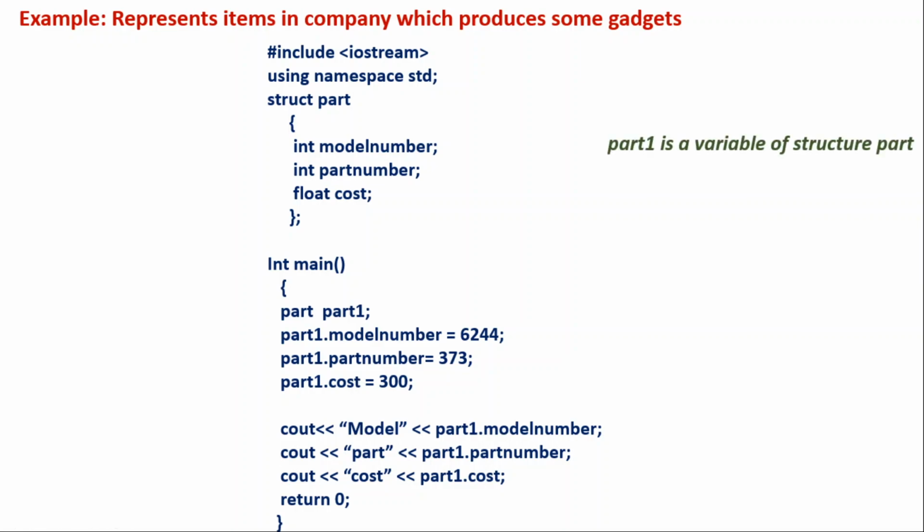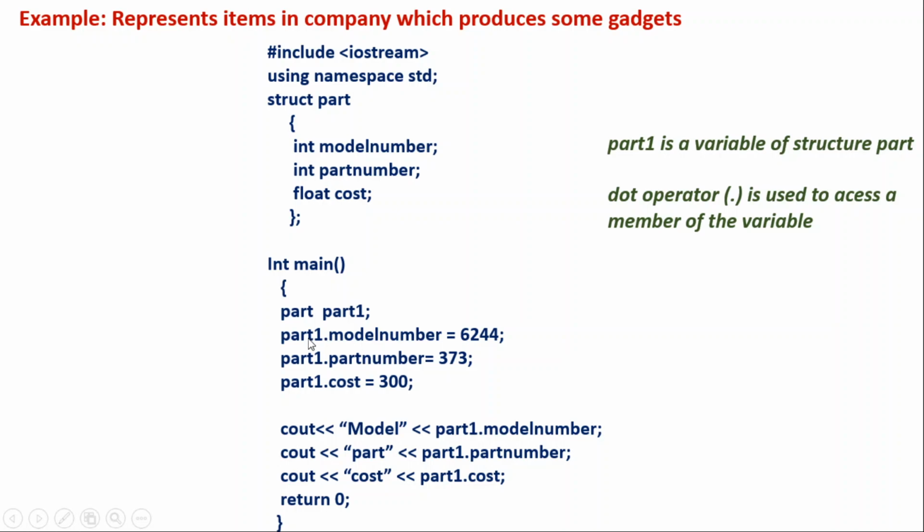First, we said part 1 is a variable of the structure part. Now this dot operator is used to access a member of the variable. The members of the variable, we know, are model number, part number and cost. So if we want to access a member under this variable part 1, we have to write a dot between them.